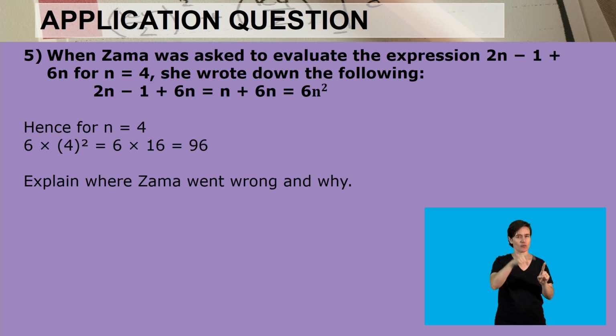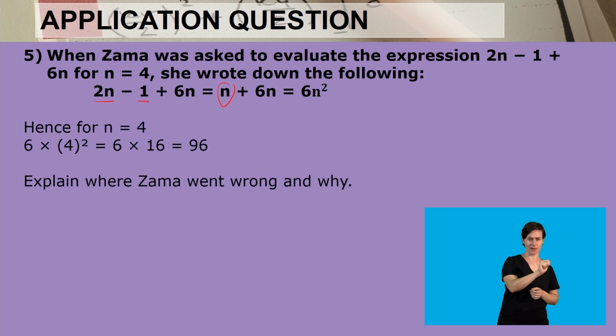Let's go back to what she did in her calculations. So, what do you think? Where did Zama go wrong? Can you explain why? She took (2n minus 1), and she comes out with n.